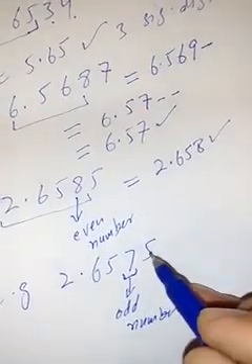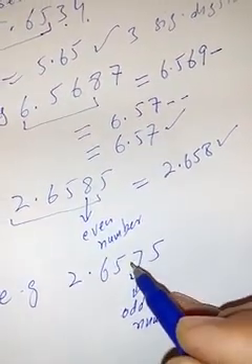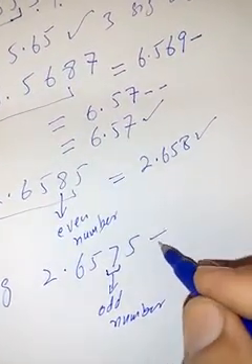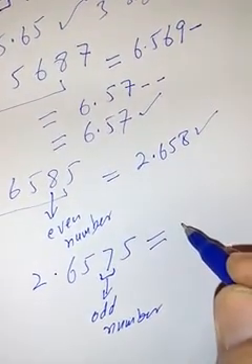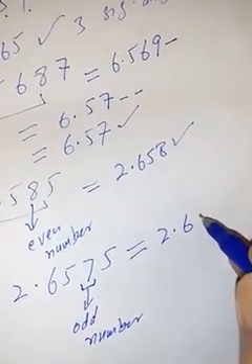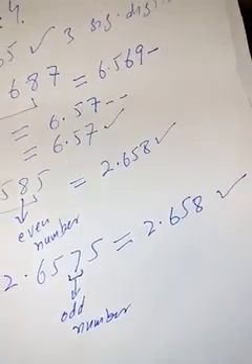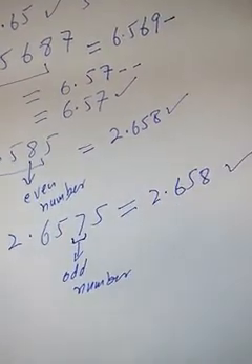Now this 5 will be dropped, will be skipped, but the last retained digit will be increased by 1 because it is an odd number. So it will be written as the rounded up value 2.65 and this becomes 8. So this is the rounded up value.